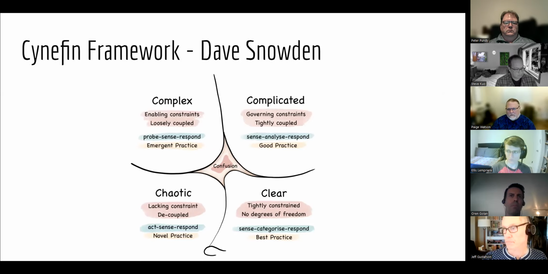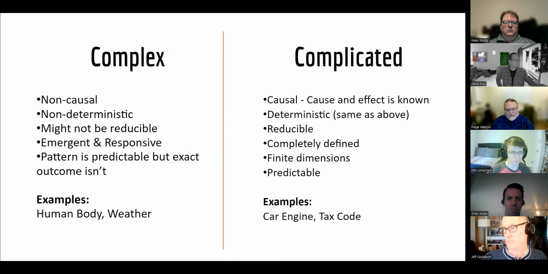I don't want to get too deep into them because there's a whole discussion talk on these. But it's really important to understand where we are in this framework when we talk about how we build software. And I really want to focus on the two domains of complicated and complex.